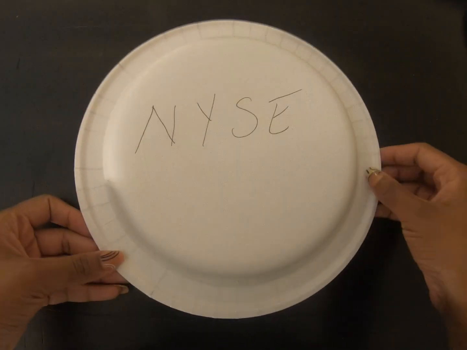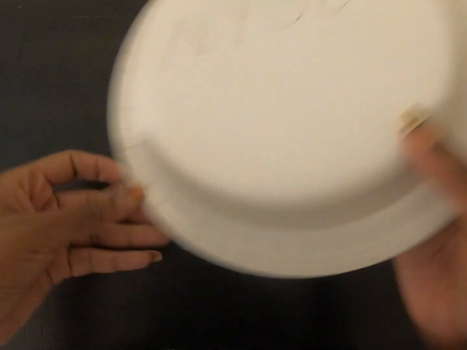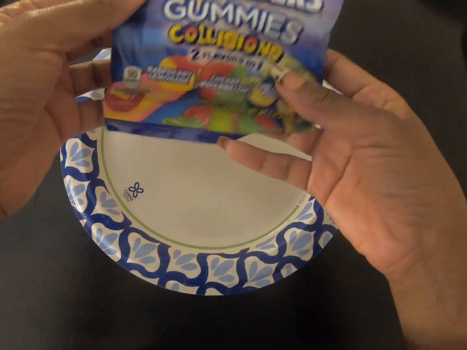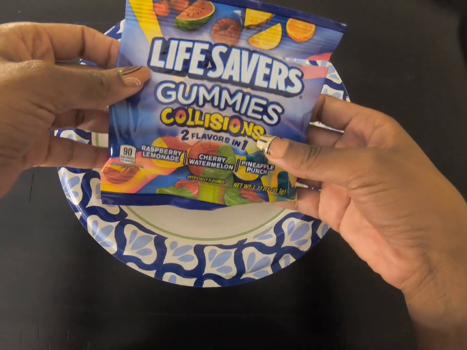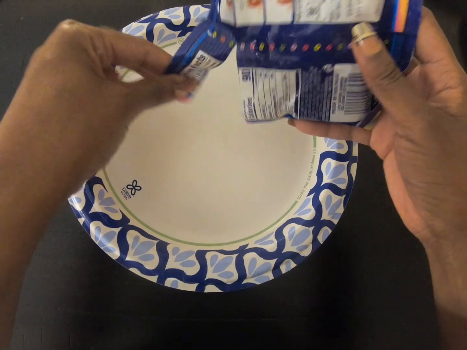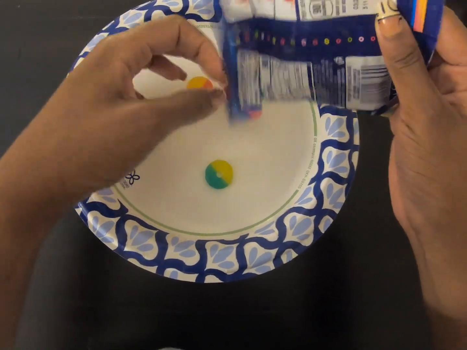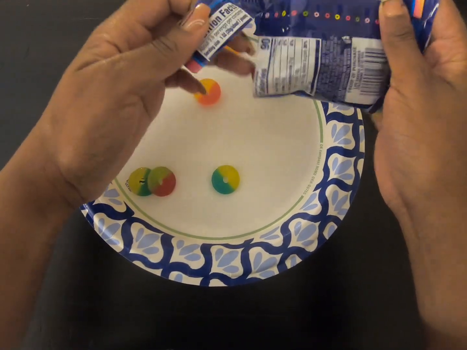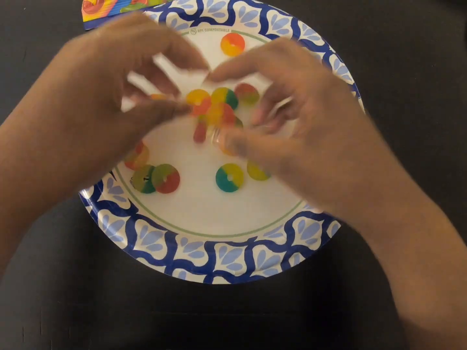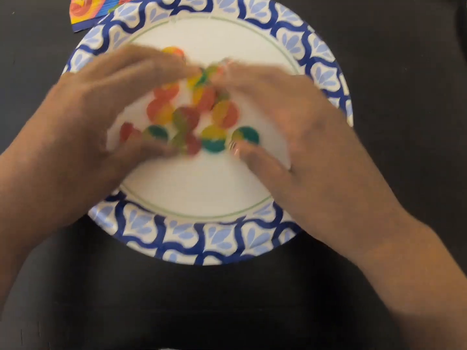Okay, so we're back at your New York Stock Exchange, right? Now let's say you have a publicly traded company called Lifesavers. Within that company, you want to buy a share, so it has a whole bunch of shares in it, right? Great. So here are all your shares, and you can buy as many as you want.